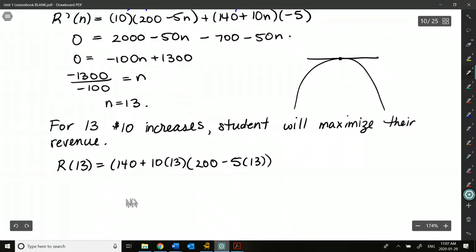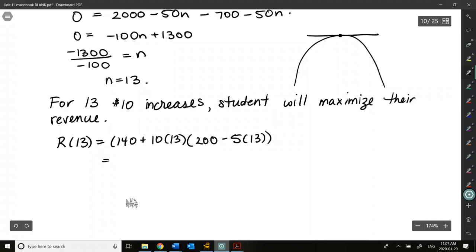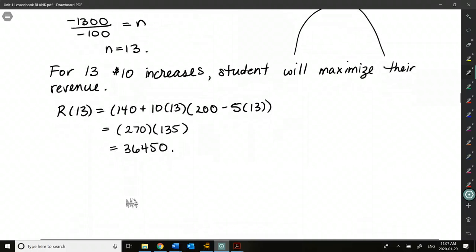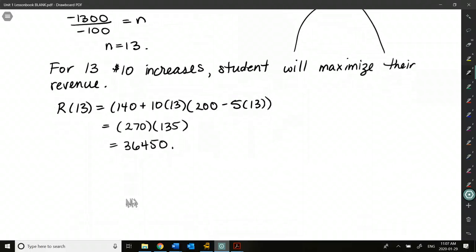I keep saying 130. So their revenue will actually be $36,450.